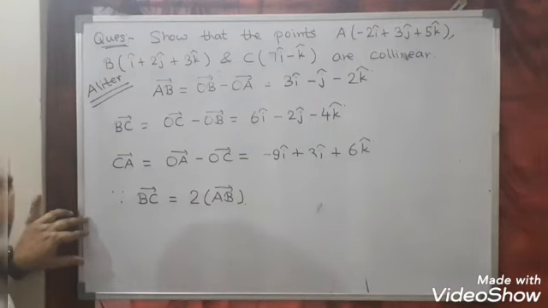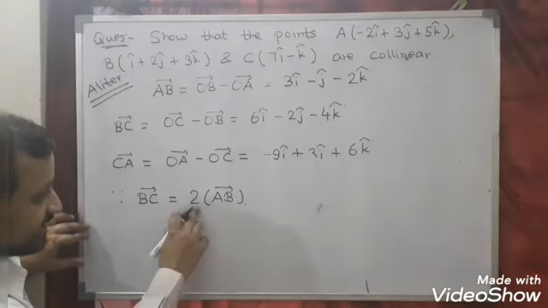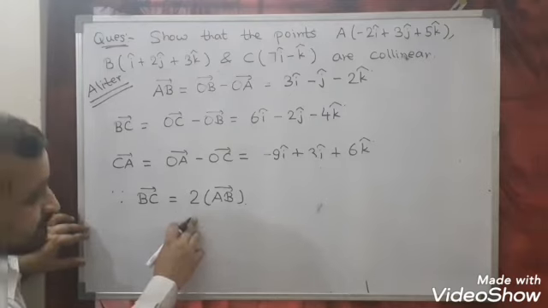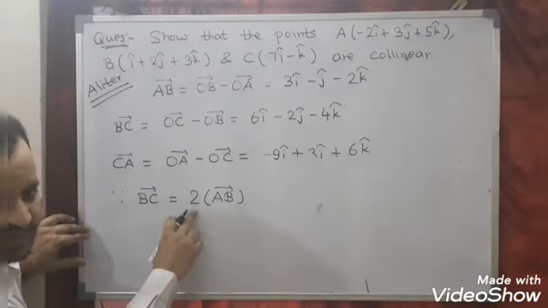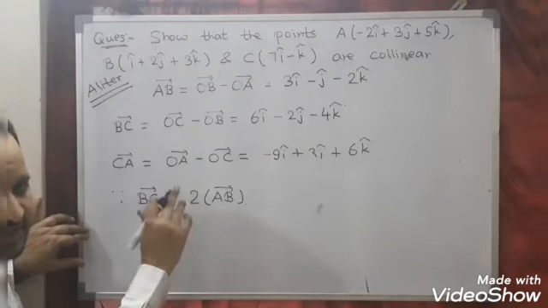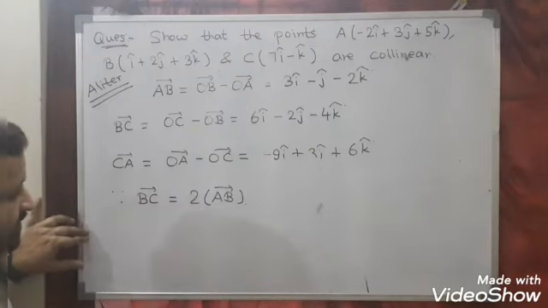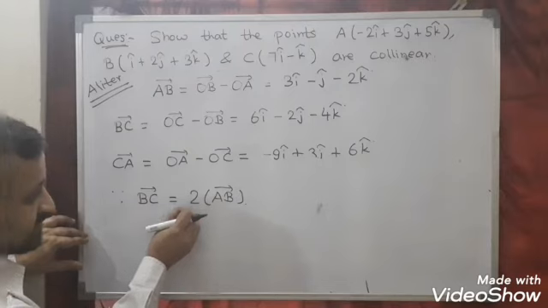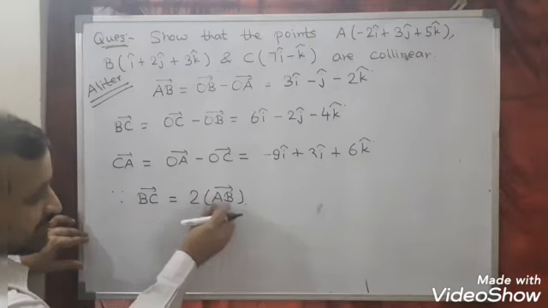What is the condition for collinear vectors? If one vector is a scalar multiple of the other, then we can say the vectors are collinear. If the scalar multiple is positive, that means parallel vectors. If the scalar is negative, then we can say anti-parallel vectors. So one vector is a scalar multiple of the other.